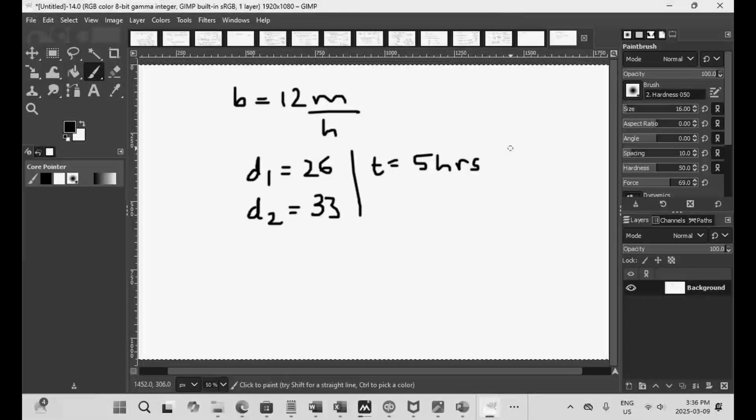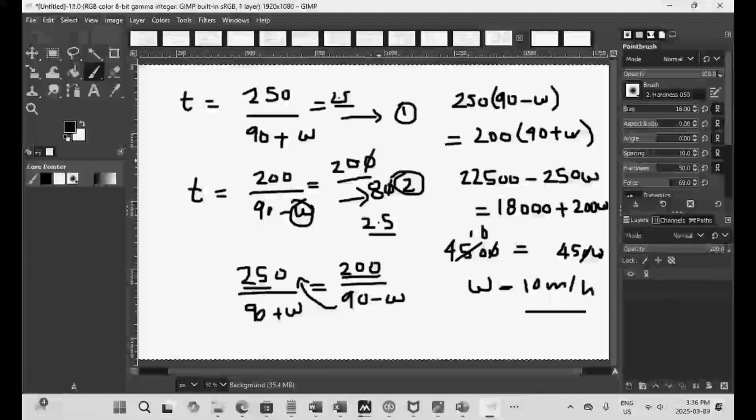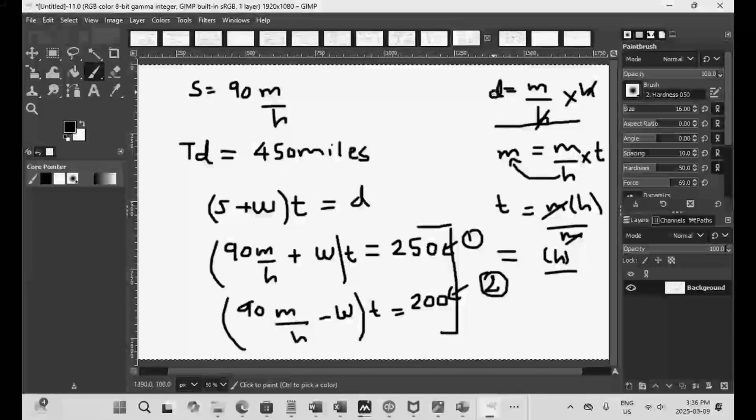So going back to what we learned in example 1, we know that distance is in miles, and speed is miles per h, which stands for hour. So distance equals speed times time, which will give you distance in miles.